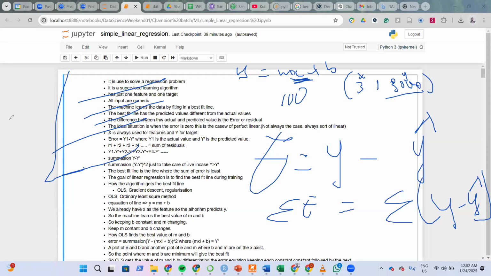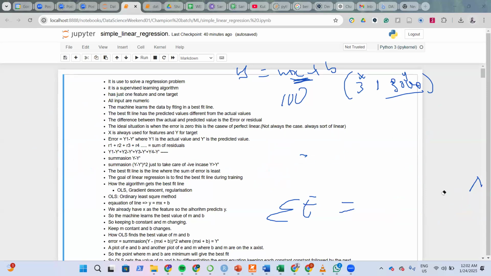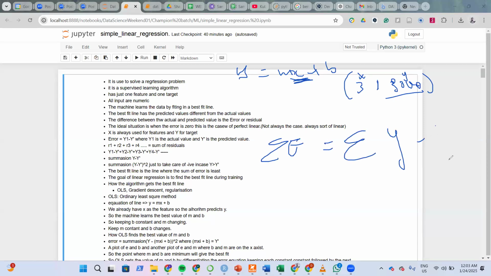So now, how do you get the values of b and m? If we are saying that y equals mx plus b, we are saying that the sum of error is equal to the sum of y minus y bar, and y bar is equal to mx plus b.